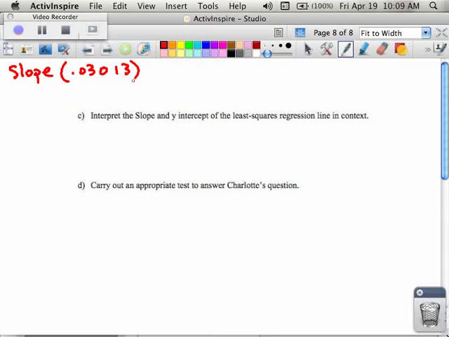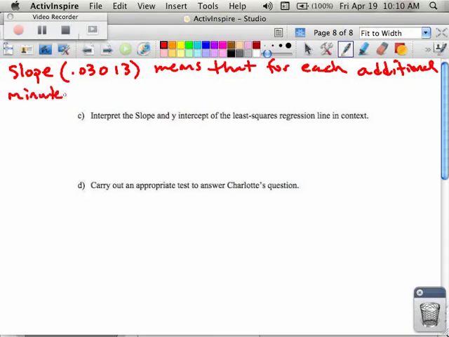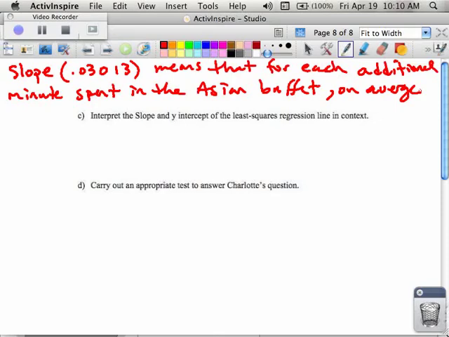So this means that for each additional minute spent in the Asian buffet, on average, the tip increased 3 cents.